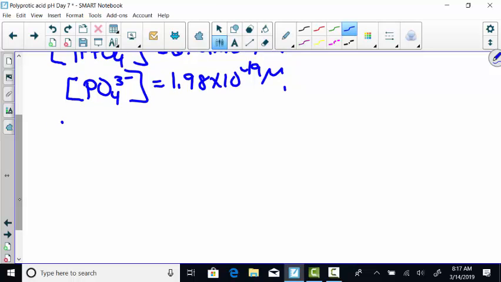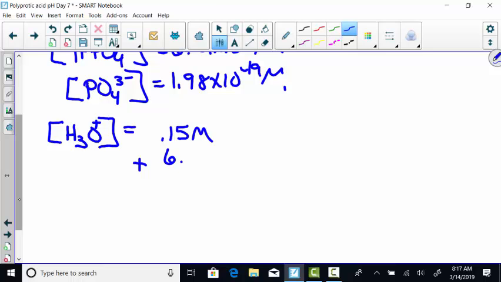But I haven't been listing the concentration of H3O plus. So if you go back through your data, we technically have to add all of these up. In the first step, we got 0.15 molar of that. And then in the second step, we should add the additional concentration, which was 6.2 times 10 to the minus 8 molar.